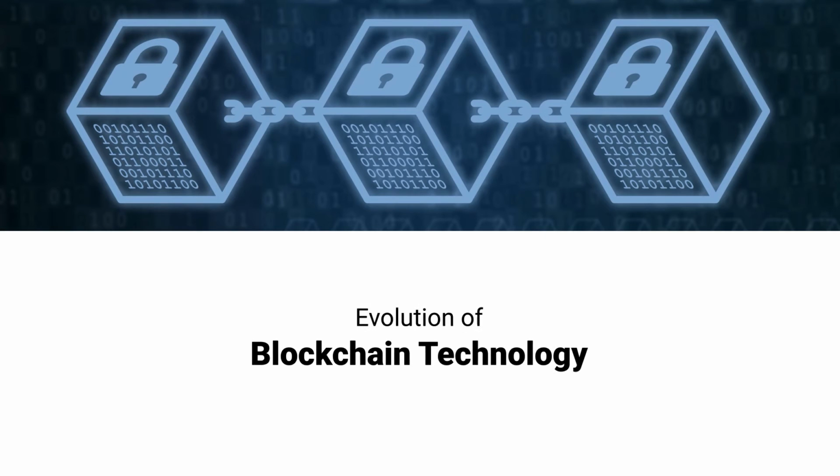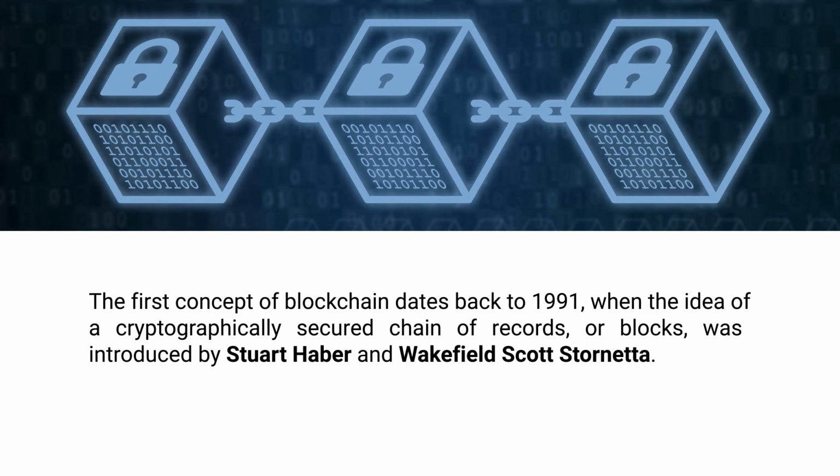Let us see the evolution of blockchain technology. The first concept of blockchain dates back to 1991 when the idea of a cryptographically secured chain of records, or you can call them blocks, was introduced by Stuart Haber and W. Scott Stornetta.